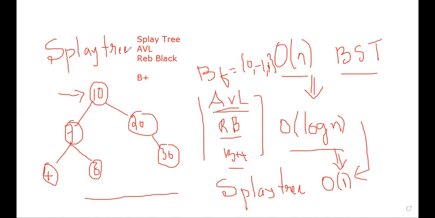One more definition says that it's a balanced tree, however it does not enforce an explicit rule to maintain the balance. In place of the explicit rule, it applies certain moves to the root, called splaying, after every access, in order to keep the tree balanced. These are the definitions we have.